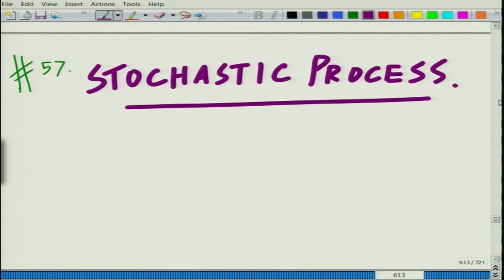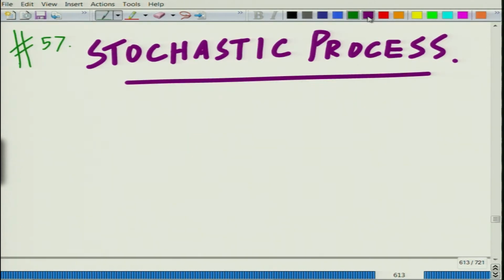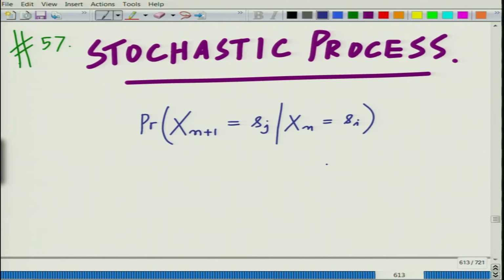So we were talking about the one step transition probability, that is the probability that Xn plus 1 equals Sj given Xn equals Si.